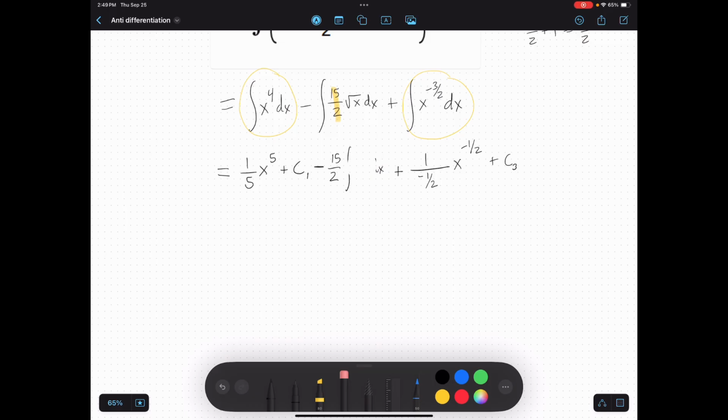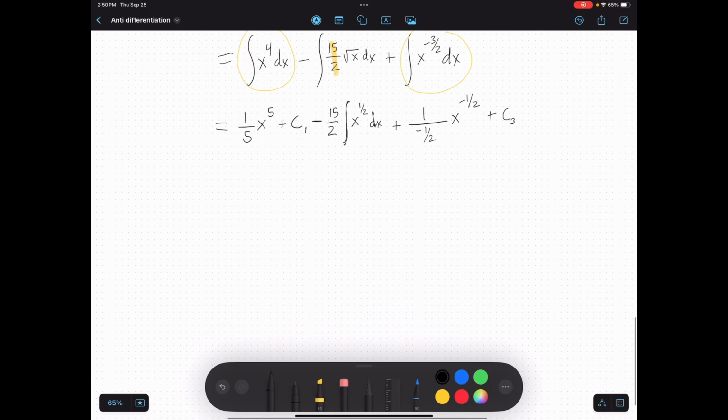I didn't talk about root functions with my antiderivative rules. Well, remember that a root function is really just a power function with a fraction exponent. So all I need to do is switch that into a power function, and then I can use my power rule for antiderivatives. And I get 1 over, 1/2 plus 1 gives me 1 1/2, or 3/2.